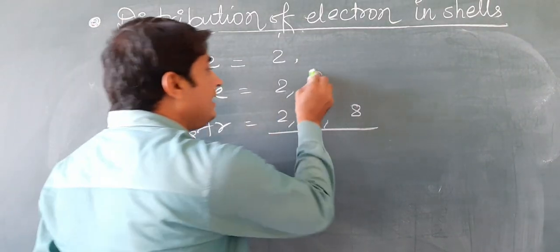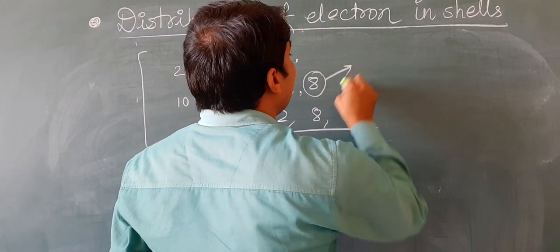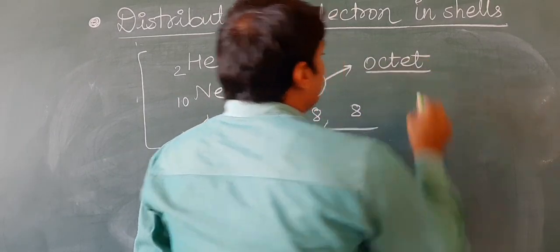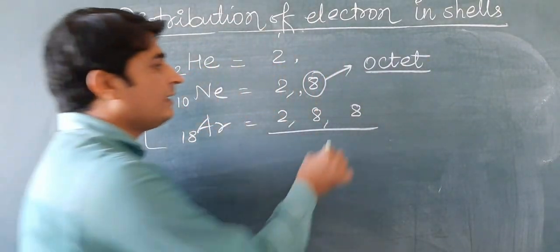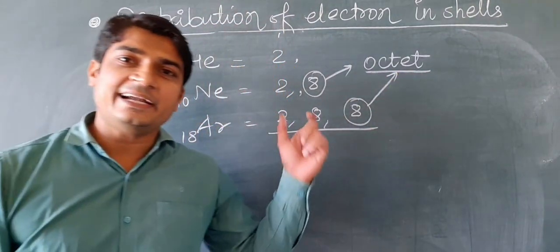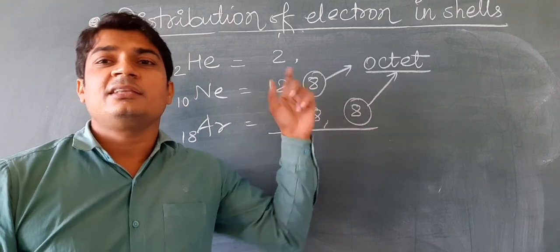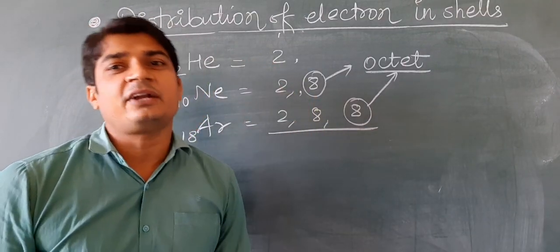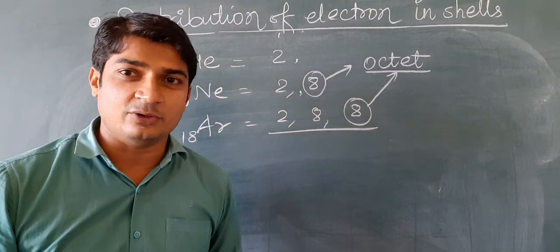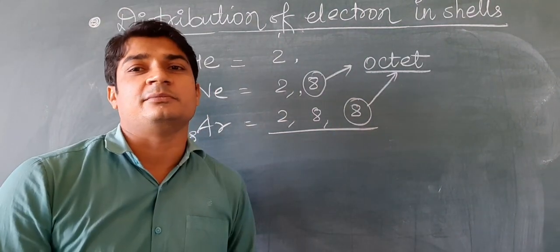And the 8 electrons in the outermost cell are said to be an octet. So if the octet is there in the outermost cell, then the atom does not react with other atoms. So we can say it does not have combining capacity, or it does not combine with other atoms.